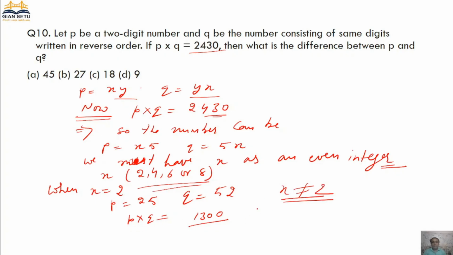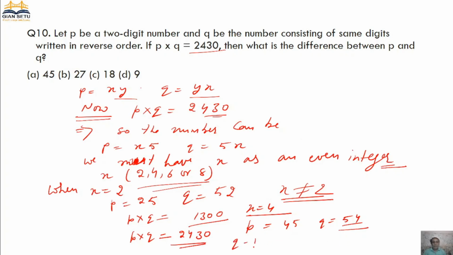Now let's see, when x is equal to 4, then P will be 45 and Q will be 54. Now if we multiply P into Q, that will be 2430, right? And now we need to find the difference between the two numbers.